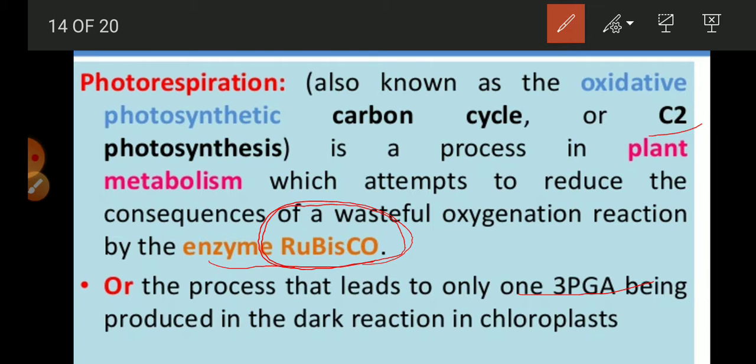Actually, this is related to the photosynthesis process, but here photosynthesis does not occur properly, and that is called photorespiration, because like respiration we consume oxygen. Here also plants consume oxygen in place of carbon dioxide. That's why it is called photorespiration, because it is done in the daytime.